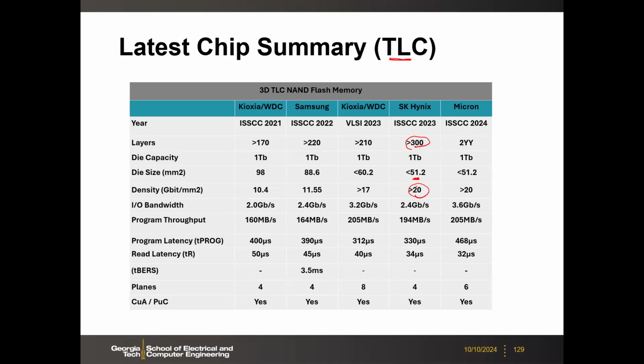So over the past 10 years, it increased by more than 20 times. So here are some other electrical data. The programming speed is typically hundreds of microseconds for the TLC programming, because you have to do this write and verify. And all of them use CMOS under array. Okay.